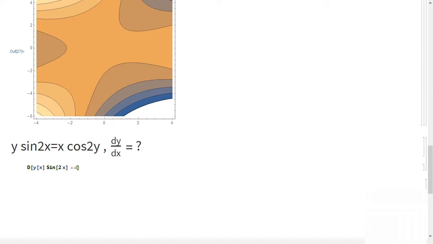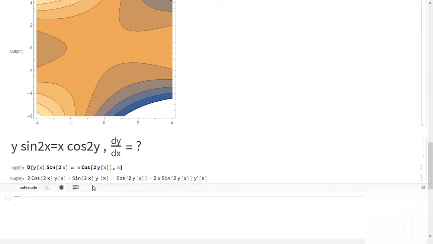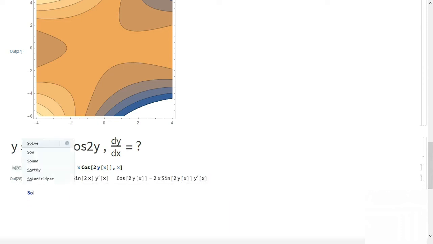Put double equals x cos 2 space y, but here also you have to specify that y is a function of x, and then specify the variable x, and again you have an expression that involves y prime. So how to do that? Type solve.